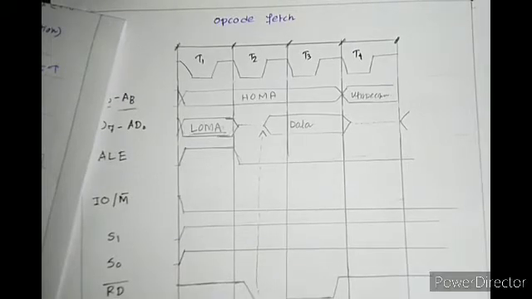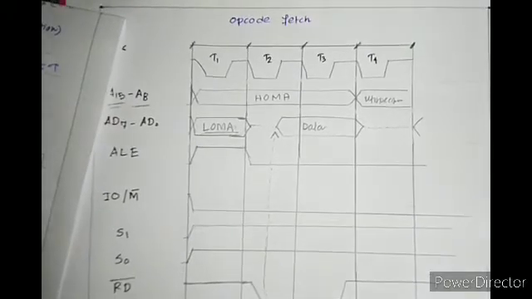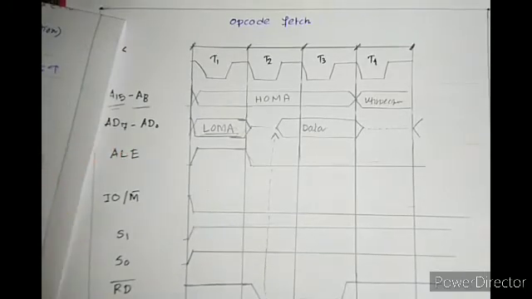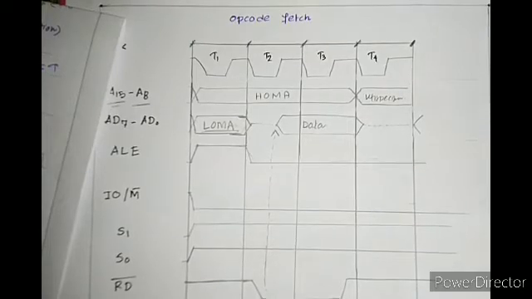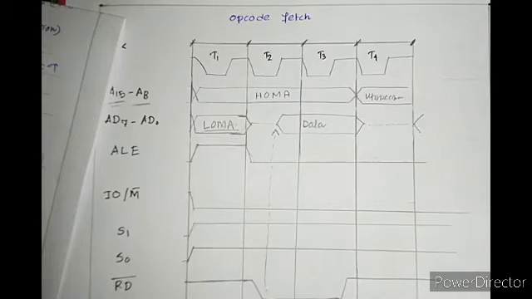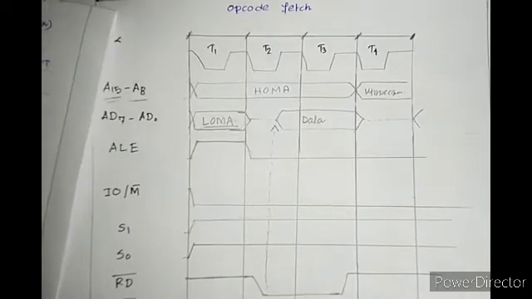Here comes the tricky point. We know that in the first T state we get the address. When will we receive the control signal? In the second T state. So RD bar is first deactivated. Then after the first T state has gone, meaning we have found the address, it will take some time to release the read signal.